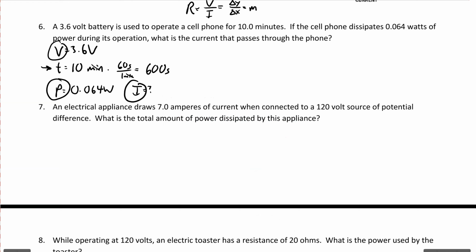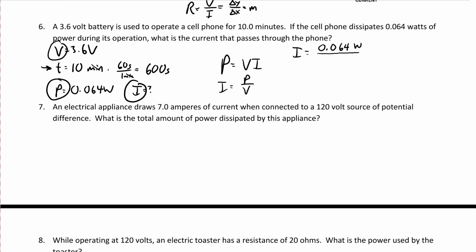You just do the power is equal to the voltage times the current. So if you wanted to, you could solve now. I is equal to P over V, if you wanted to be fancy about it. 0.064 watts. Again, that W stands for watts, not electrical work or energy.